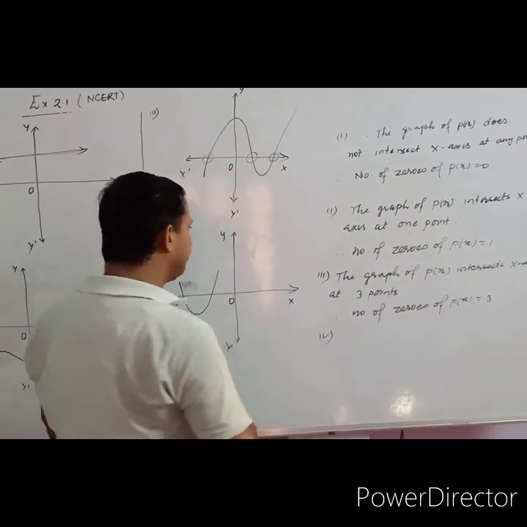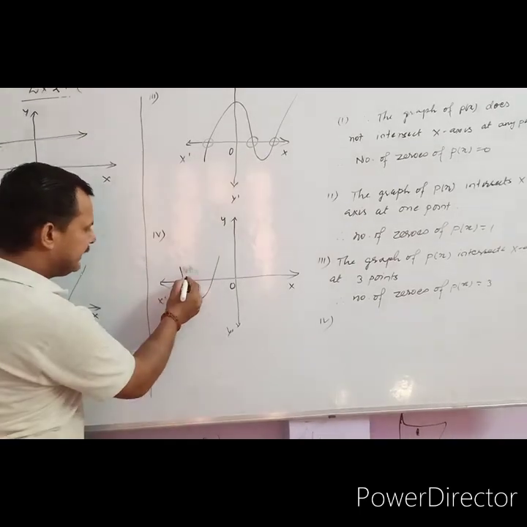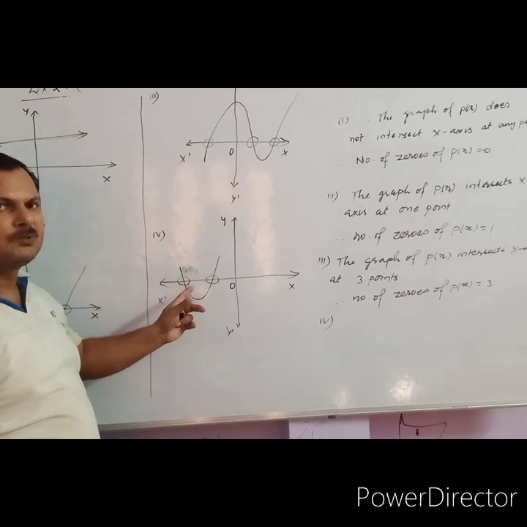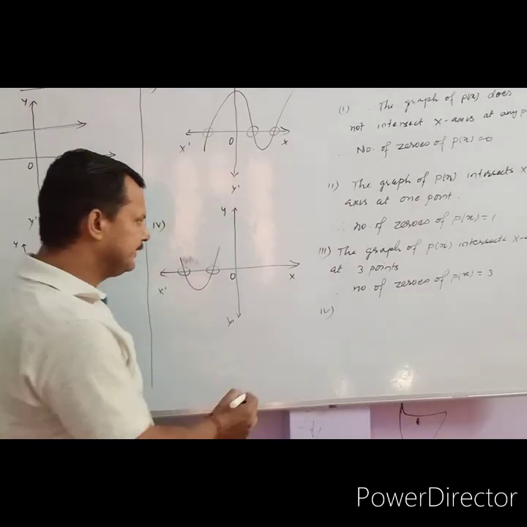Similarly, in question number 4, you see this graph is going in this way and it intersects the x-axis at 2 different points. Don't put zero-like structures; I am showing you, you have to only see, and on the basis of that you have to decide.